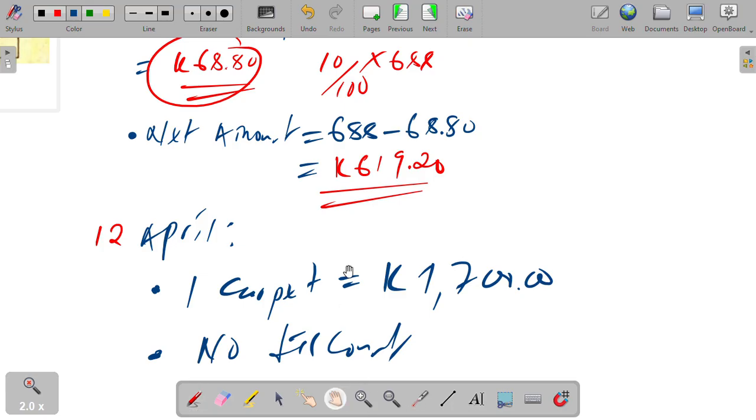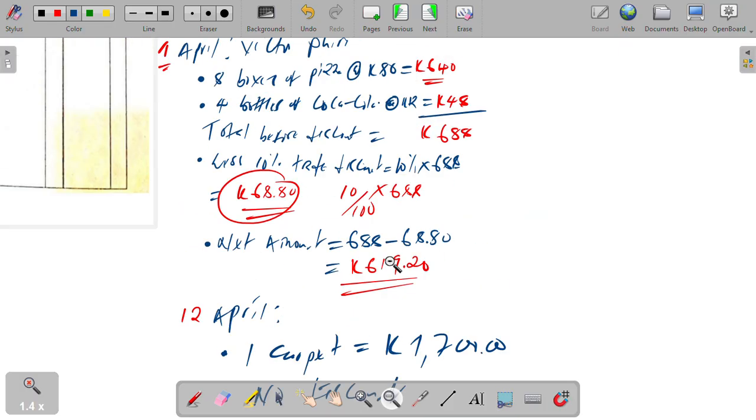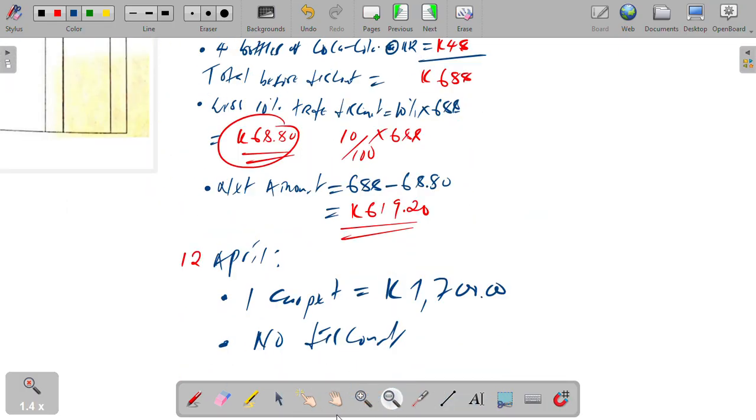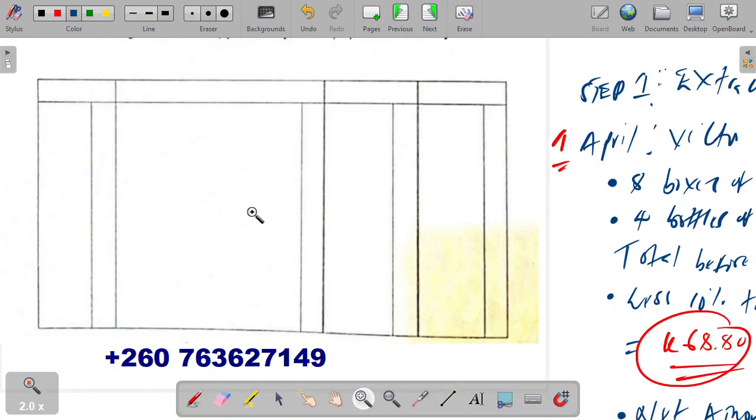After this, we can now prepare the sales day book. Okay, so now let's prepare the sales day book. Let me just use this table here. I'll write our date there. Okay, what else?